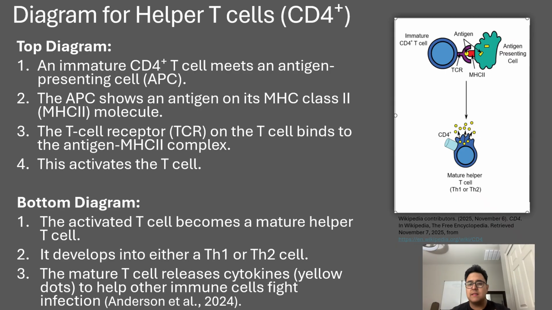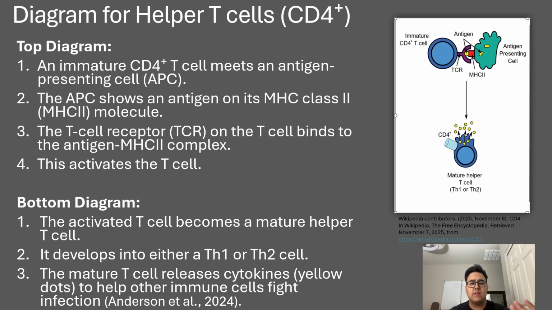Hello everyone, my name is Kevin Ramirez, and we're going to be going over a brief explanation of helper T cells, which are also known as CD4 cells. And in the bottom right diagram, we have pictured an immature CD4 T cell, which then becomes activated after binding to an antigen, which is presented by an antigen presenting cell on its MHC class II molecule.